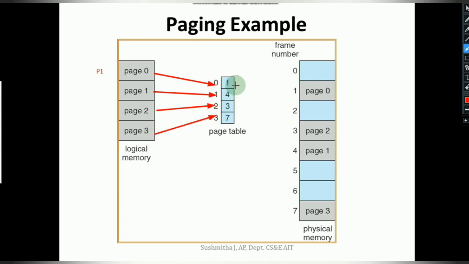Page 0 is in frame 1, page 1 is in frame 4, page 2 is in frame 3, and page 3 is in frame 7.